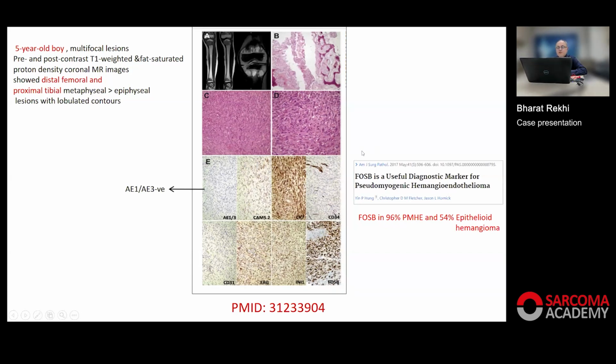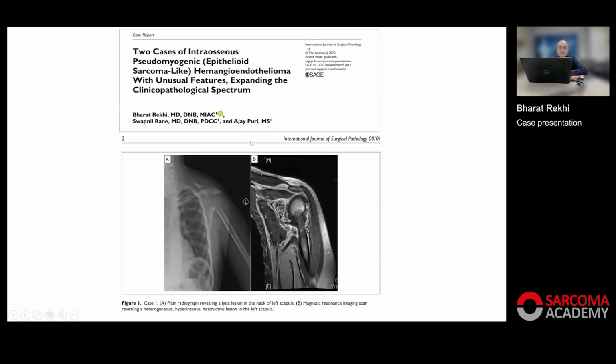So like I mentioned, the fusion gene led to identification of FOSB as a useful diagnostic marker that we have now, positive in 96% of cases of pseudomyogenic hemangioendotheliomas and also in 54% of epithelioid hemangiomas. It's a nuclear marker. In this particular case, it was tested in Dr. Andrew Folpe's lab at Mayo. So you can see diffuse expression of this marker, even though the epithelial marker A1, A3 was negative, and it was positive for CK7.